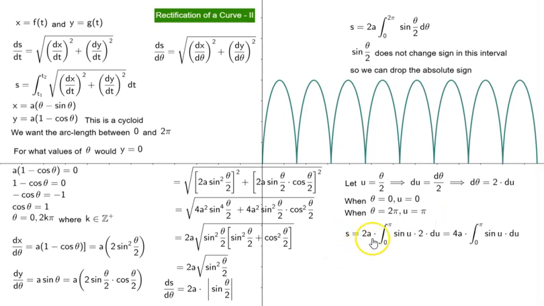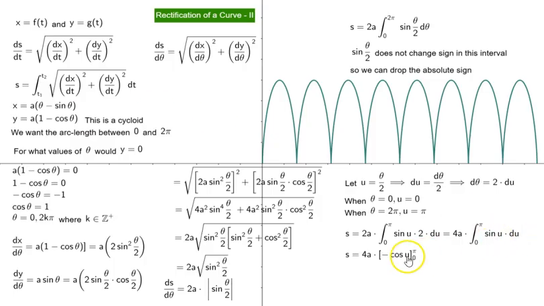S is equal to 2a times the integral from 0 to pi of sine u times 2 times du, which is equal to, 2 is a constant, we take it out, we get 4a times the integral 0 to pi of sine u du.